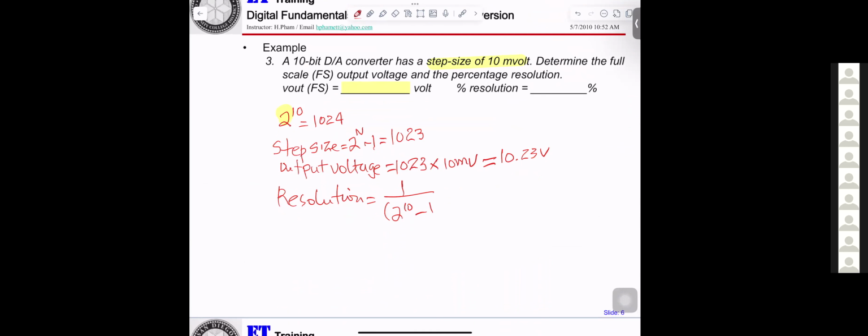And when you work the whole thing out, don't you get 0.09775?